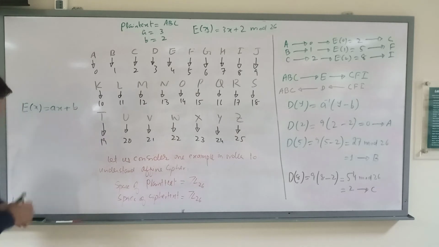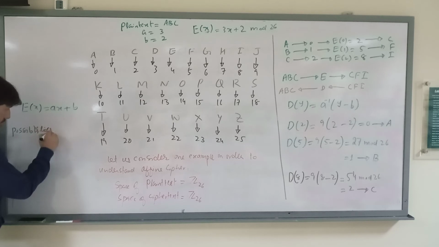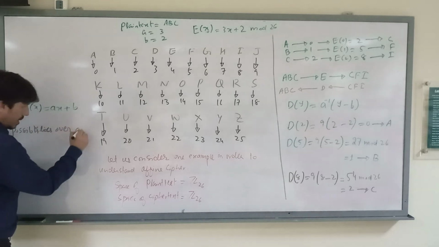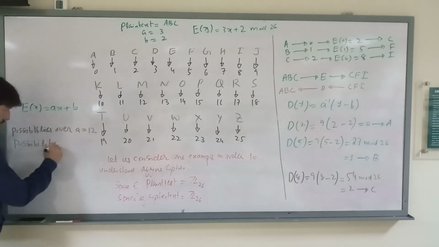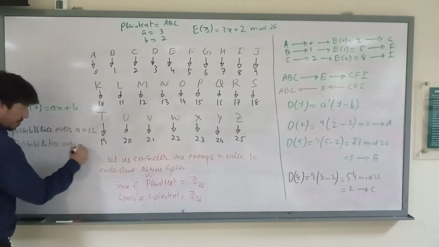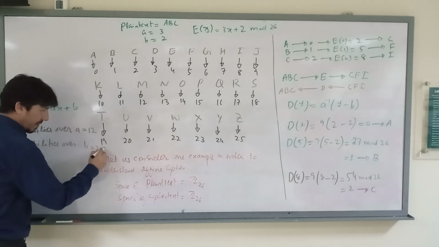So how many possibilities do you have? Possibilities over A is 12, and possibilities over B is 25.